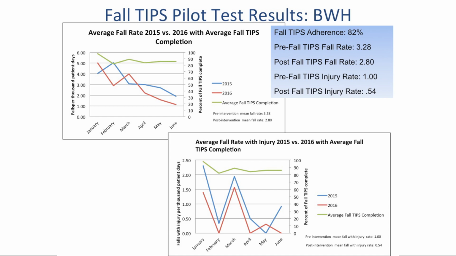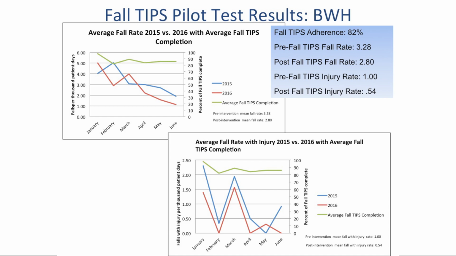At Montefiore Medical Center, they had very good adherence, about 91%. Their fall rate pre-fall tips was 3.04. Their fall rate post-fall tips was 3.1, which is statistically the same, but they also saw a nice decrease in injury rate from 0.47 to 0.31.